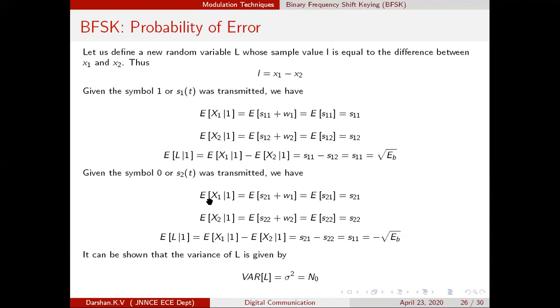E of L given 0: wherever 1 is there, you are supposed to write 0. The mean of L when symbol 0 was transmitted is minus root EB. That is what we need to change.